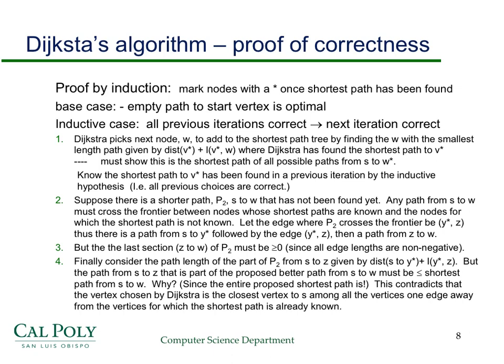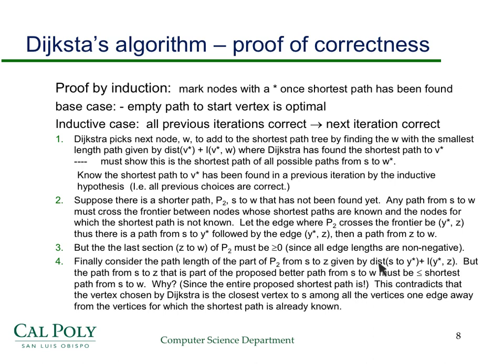But let's dissect this now. The last section from Z to W of P2 has got to be bigger than or equal to 0, since all the edge weights are non-negative. And the path length of the P2 that goes from S to Z, remember, this is the first vertex outside the known area, the area of known shortest paths to vertices.